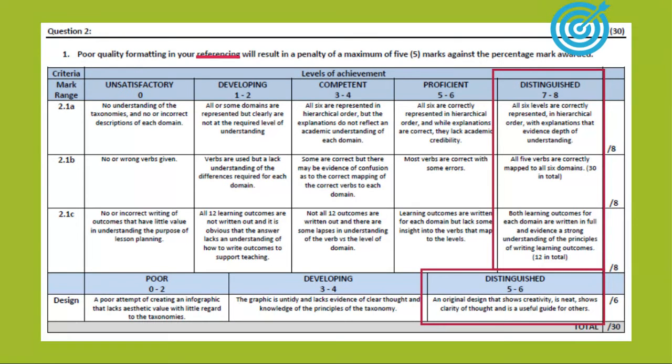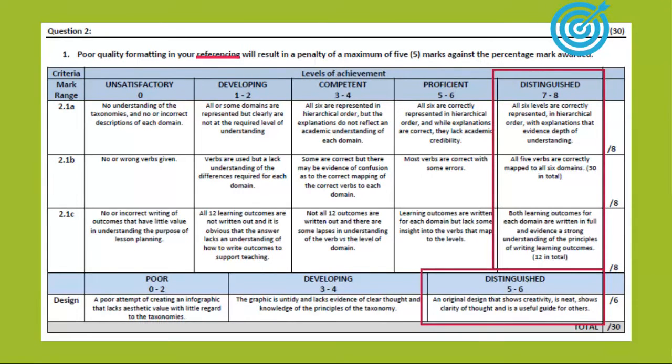And then for number C, both learning outcomes for each domain are written in full and evidence a strong understanding of the principles of writing learning outcomes. So for each domain, you would have 2 learning outcomes from the subject of your choice by referencing the CAPS.